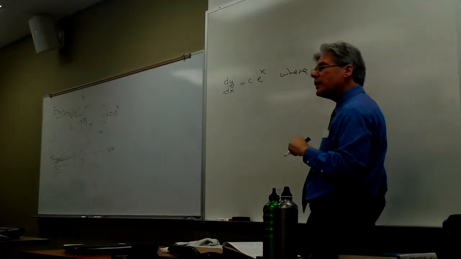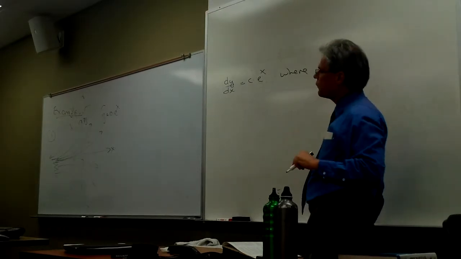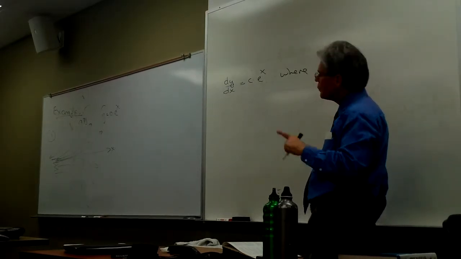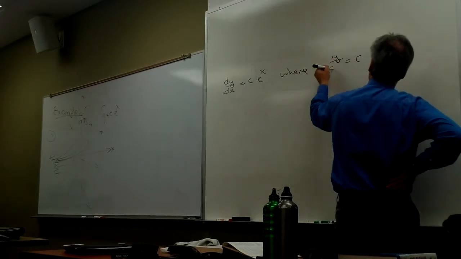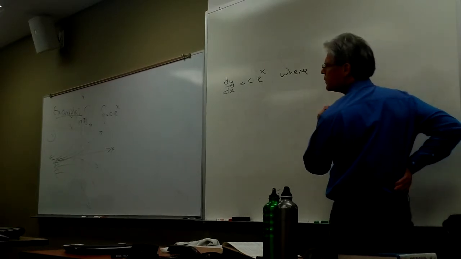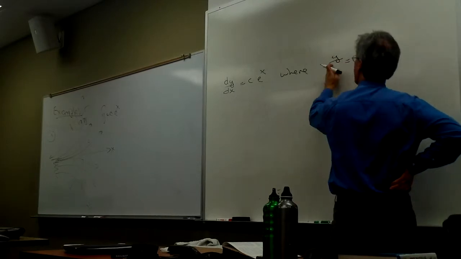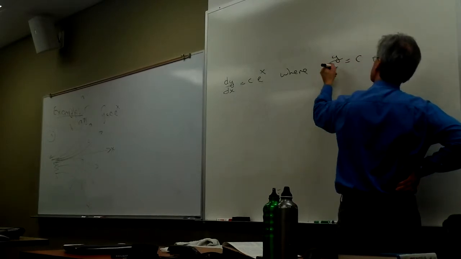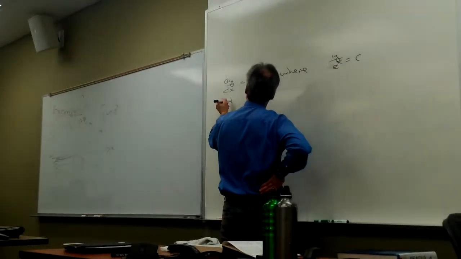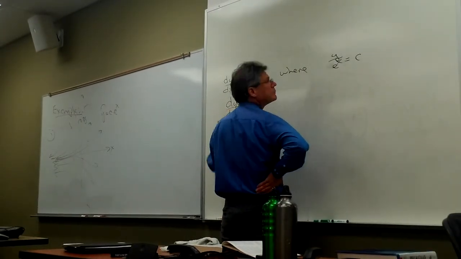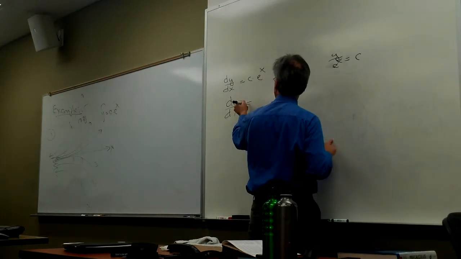So if you guys don't mind, can I look at the original equation and solve for C? With the original equation solving for C, I think C is going to be nothing more than y over, whoops, I've lost it. I can't do my math. Is that y over e to the x? All right, let me make a substitution. Replacing C with y over e to the x, I guess that means dy/dx is equal to y.